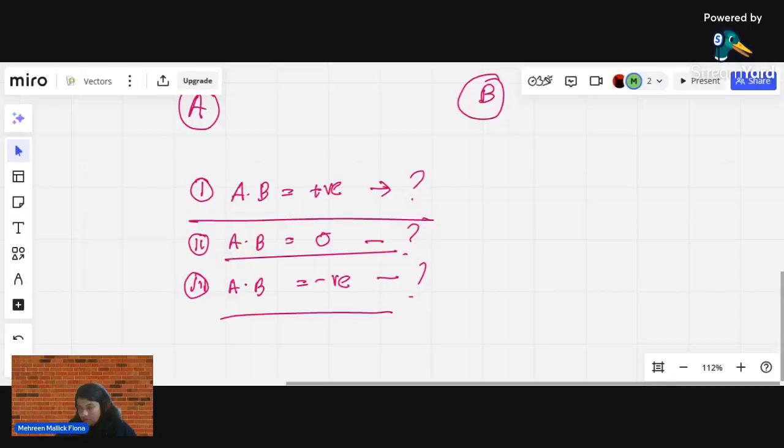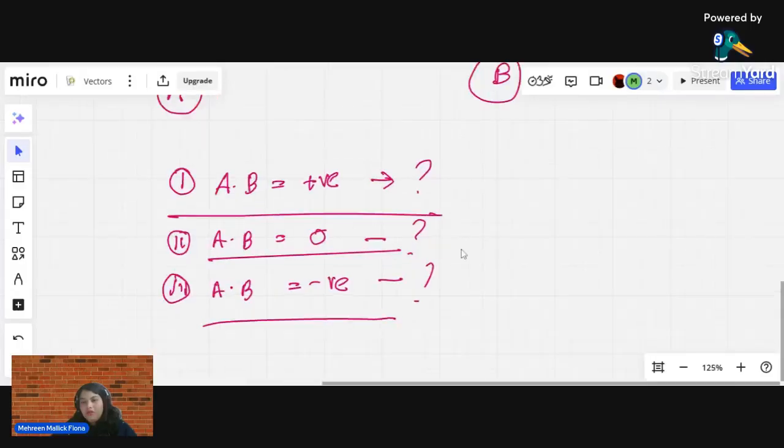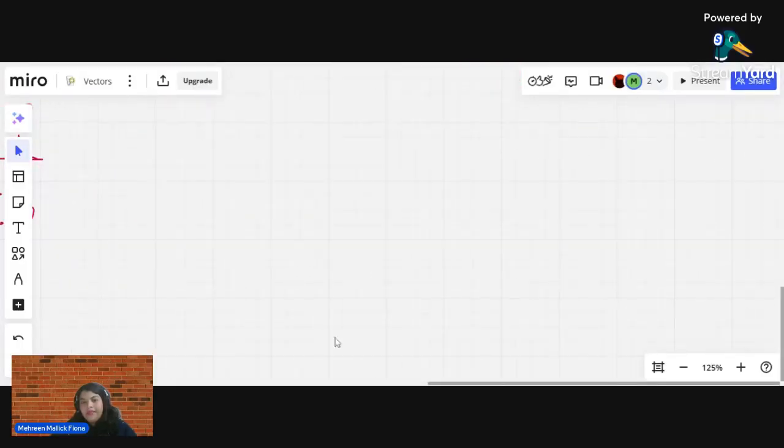So now that we know a certain purpose for why we are learning the dot product, let's know more about vectors. Until now, we know that a vector is something that has direction and a magnitude.